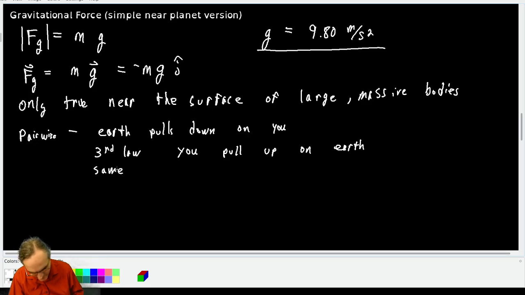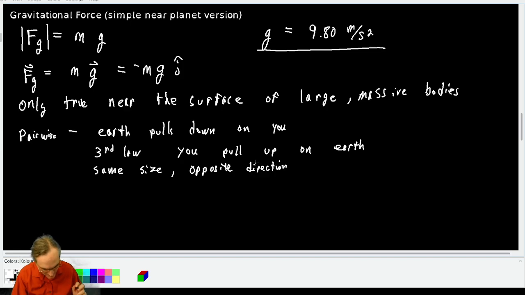And of course that means it'll be the same size, but opposite direction. Yeah, so I have a mass around 90 kilograms, which means that it's about a 900 Newton force that pulls on me due to the Earth.